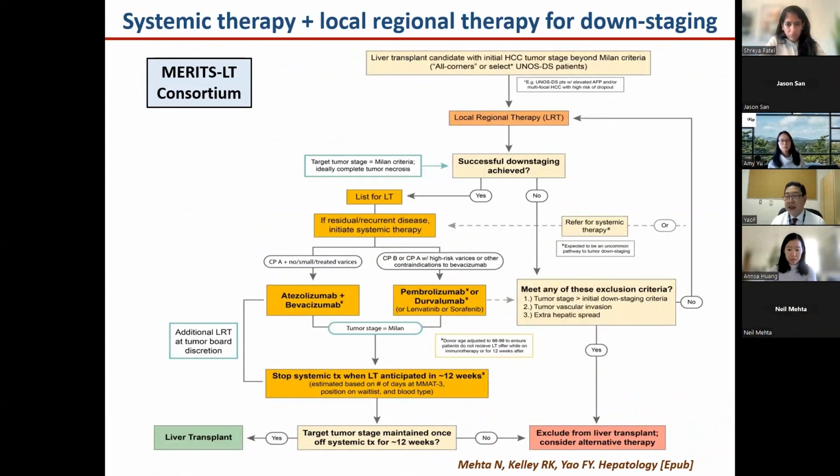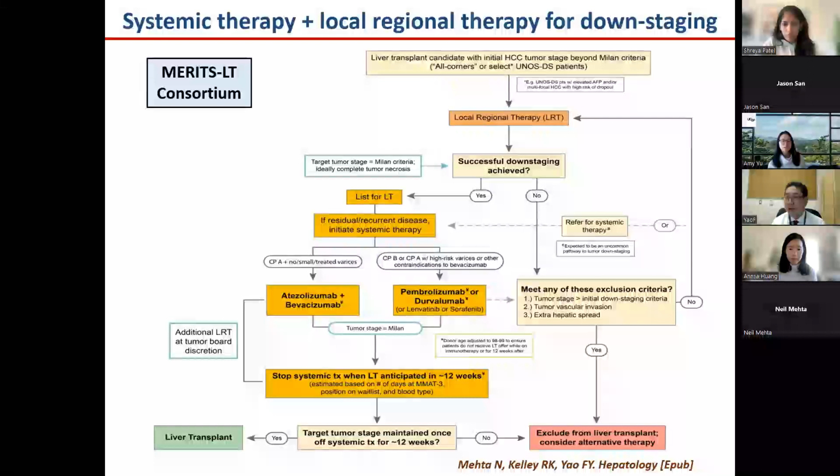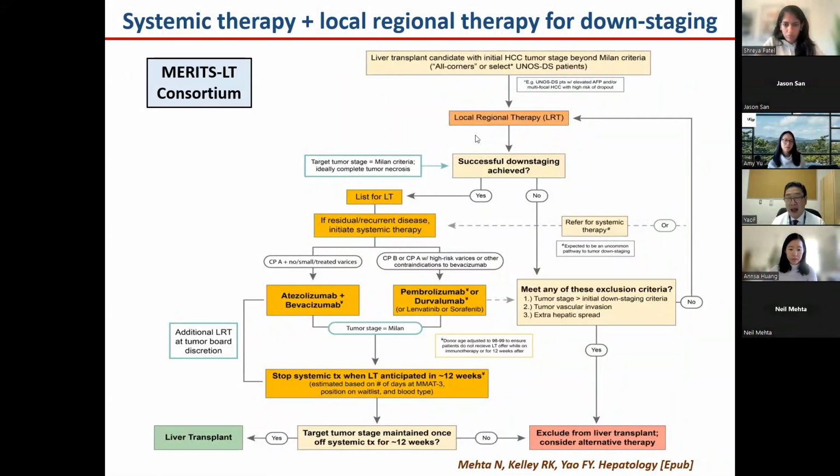So this is a complicated slide looking at the next step. We try to improve our downstaging, which is to combine systemic therapy with locoregional therapy in patients who are very difficult to treat. And the systemic therapy, this is in collaboration with Katie Kelly from oncology.